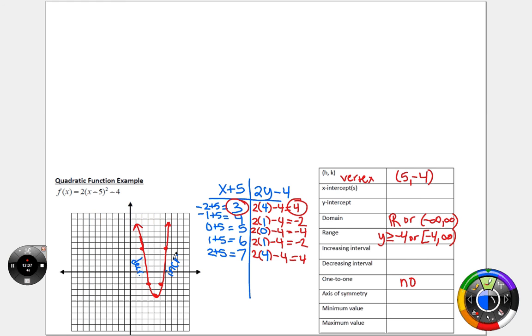Not -4, because we're not naming y values. We're saying which part of the domain on the x-axis lines up with everything you're calling increasing. So instead of looking from here to here and thinking about it vertically, you want to tell me, as I was reading across the graph, across the x-axis, I called it increasing from this point.